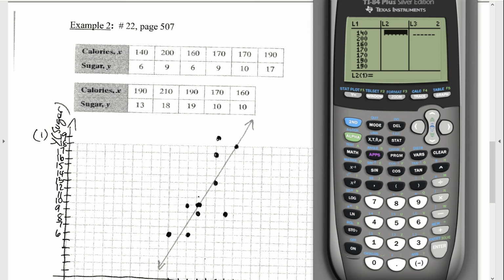We now are going to enter the corresponding y values in order: 6, 9, 6, 9, 10, 17, 13, 18, 19, 10, and 10.